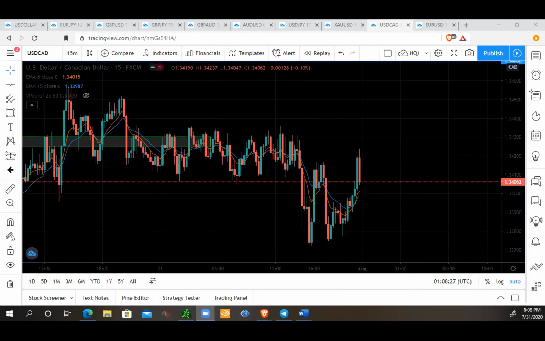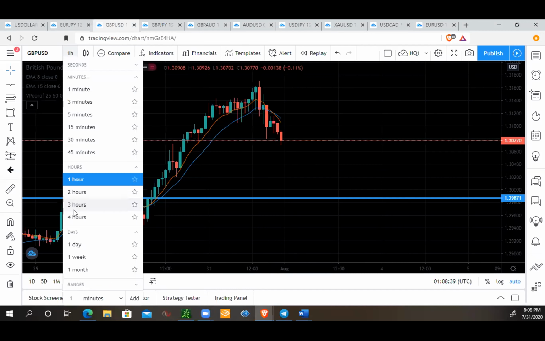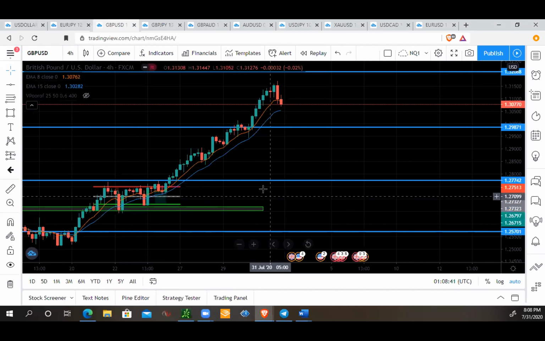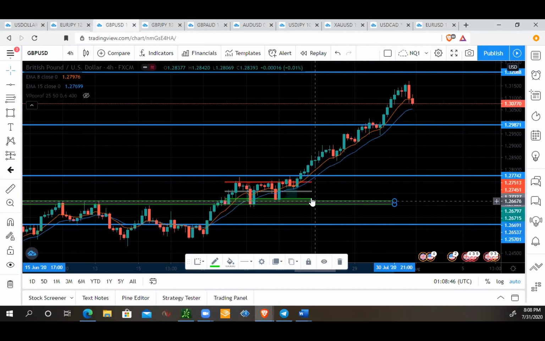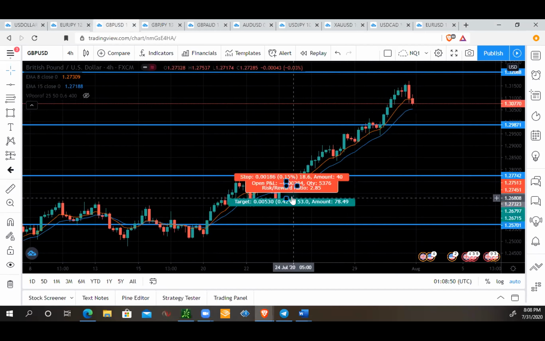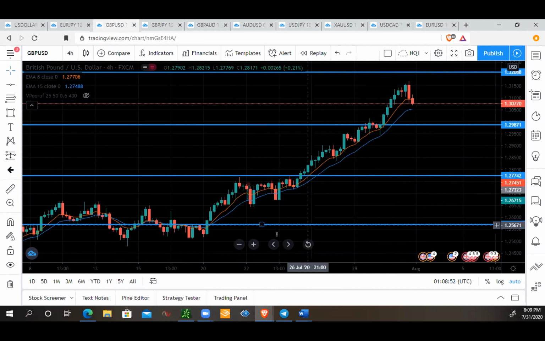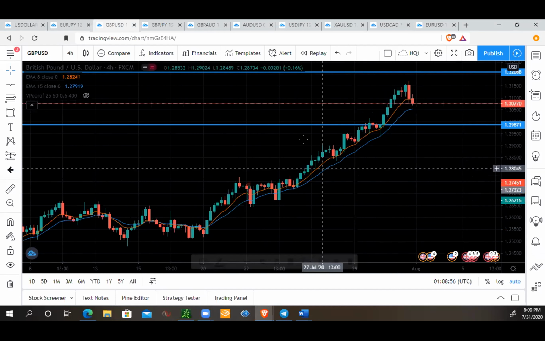There we go. What did I grab? The GA. We can use this one. Change it to 4 hours. Clear some of this stuff off here. I'll go ahead and take off these lines too.